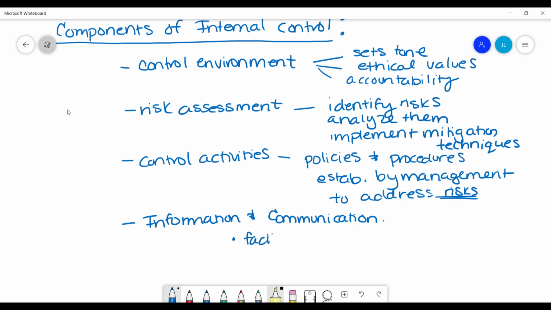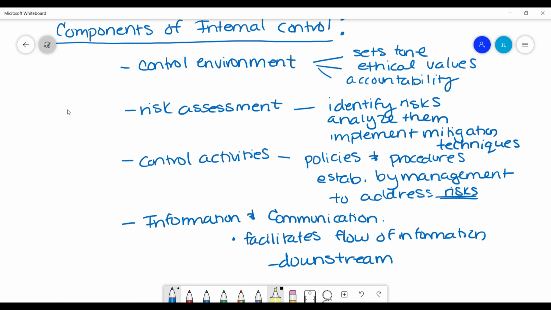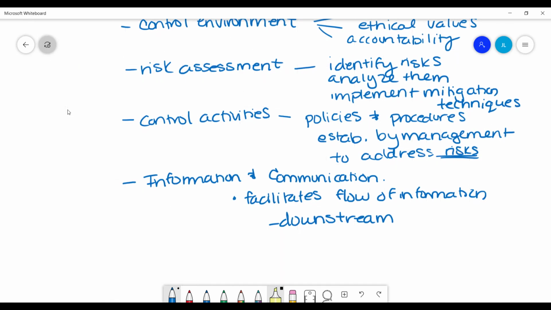This component facilitates the flow of information, and this flow can be downstream, upstream, and across the organization.